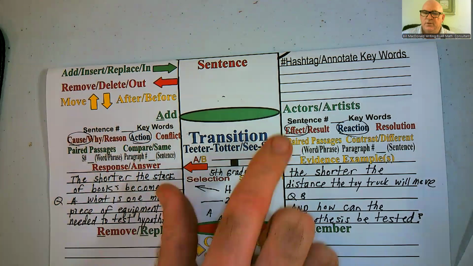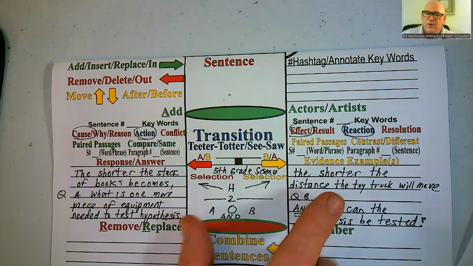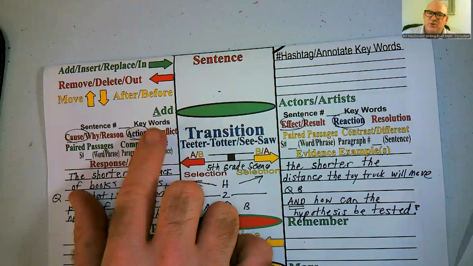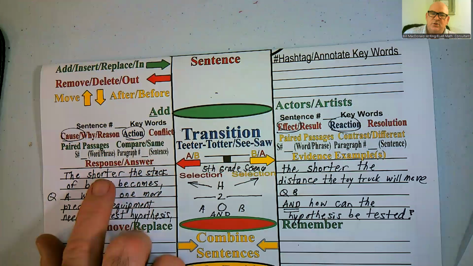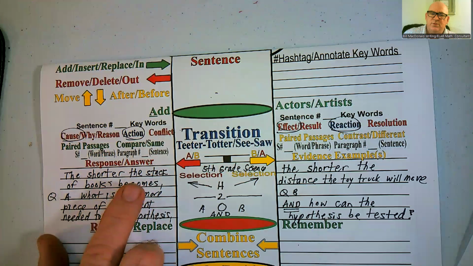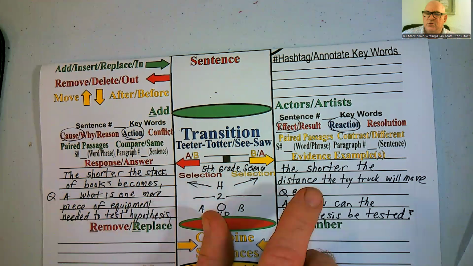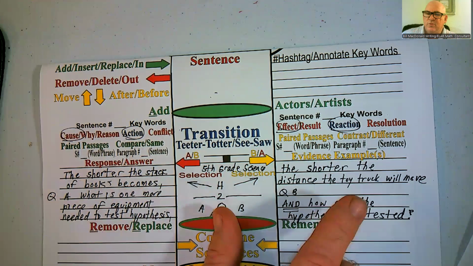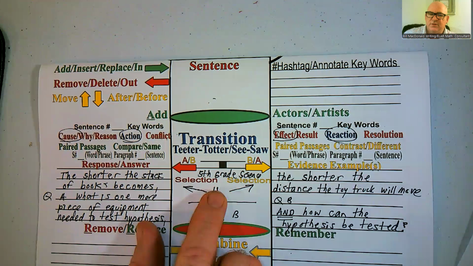The effect, the shorter the distance the toy truck will move. You can also think of it as an action reaction. I use green for that. The action. The shorter the stack of books becomes, in other words, remove books, then the shorter the distance the toy truck will move. That's the reaction. That's the hypothesis.